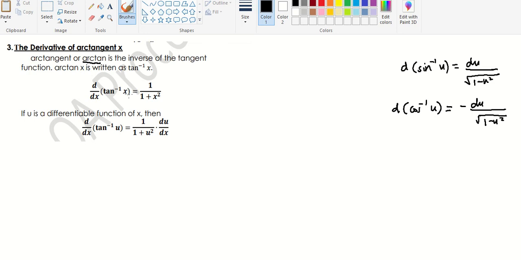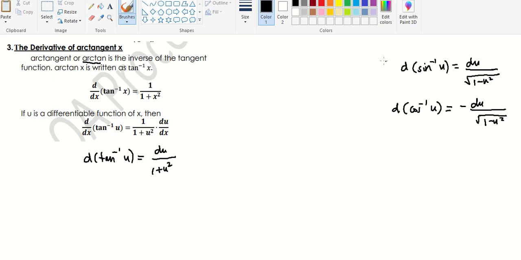So the derivative of arc tangent x is equal to 1 over 1 plus x squared. If u is a differentiable function of x, then the derivative of arc tangent u is equal to 1 over 1 plus u squared times the derivative of u. Or we could rewrite this as the derivative of arc tangent u is equal to du over 1 plus u squared.